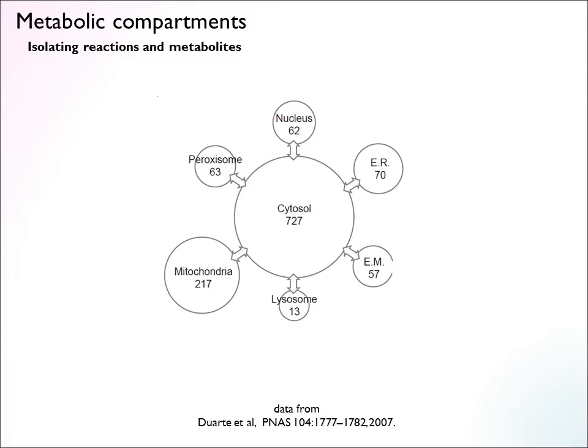The numbers that you see within each organelle is the number of reactions, which tells you that at least in this kind of reconstruction and modeling of metabolism, we have two very large compartments, and cytosol is the largest by far. Mitochondria also contains a large amount of metabolic reactions, and there's a fair number of reactions which are specialized in other compartments.